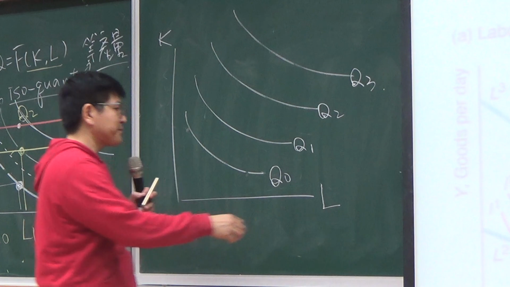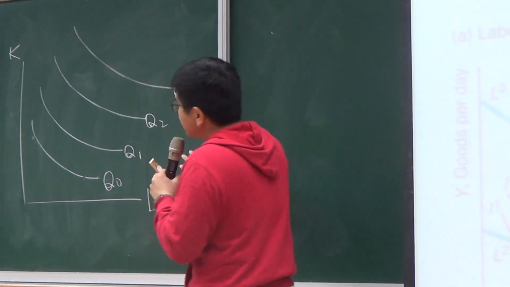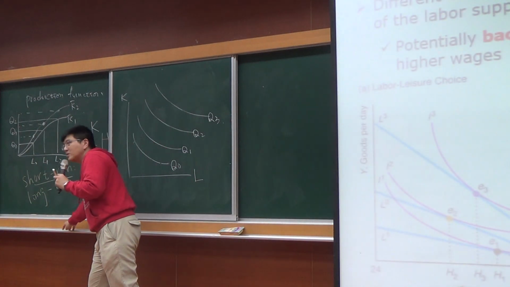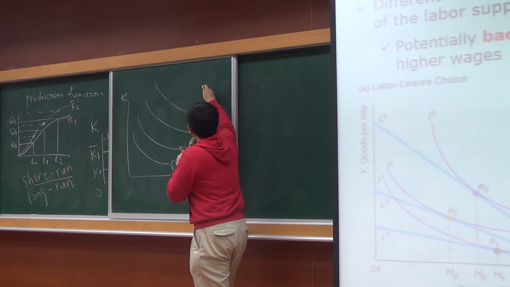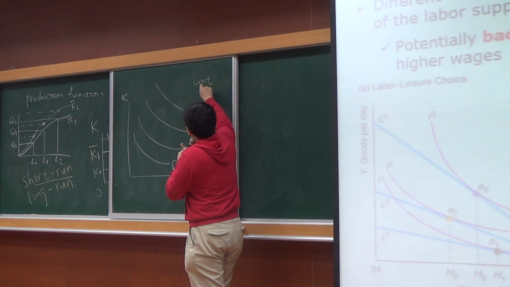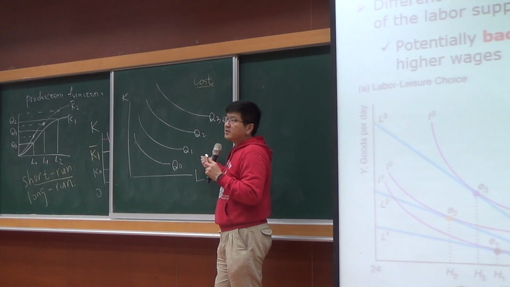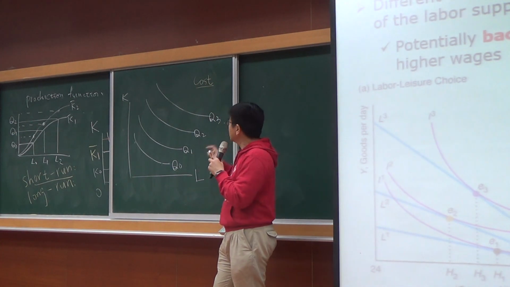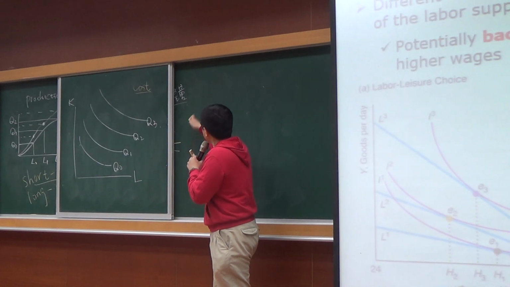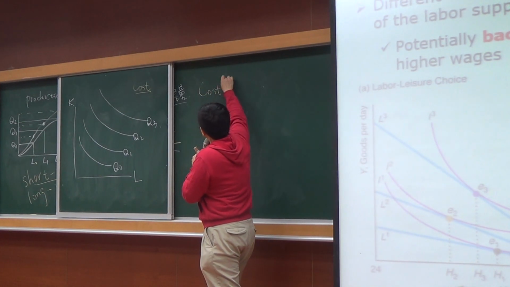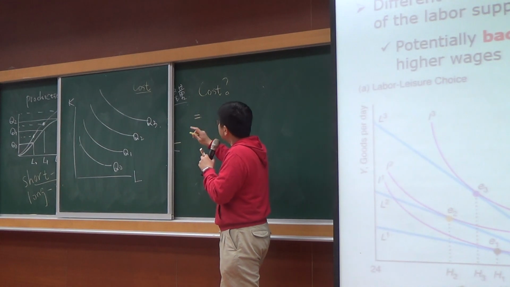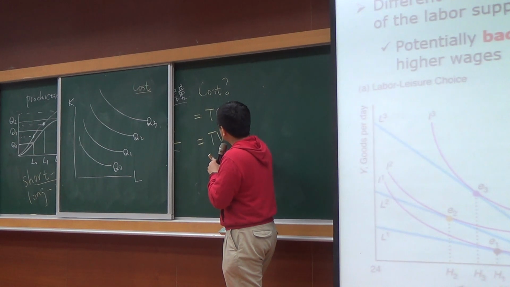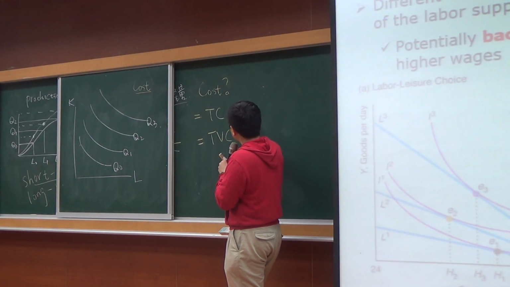And as the topic of production, we'd like to analyze something very important. It's about cost. So if you are the firm, you are producing something, and what about your cost? If you remember, your total cost equals total variable cost plus total fixed cost, right?